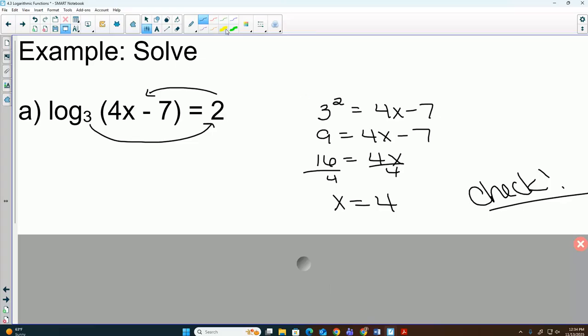In a log, both the base and the argument have to be positive numbers. The only place you can have a negative is in what it's equal to. So when I say check, all you have to verify is, if I plug a 4 in here, is that positive? 4x minus 7 would be positive, so it's okay. So my answer is 4.